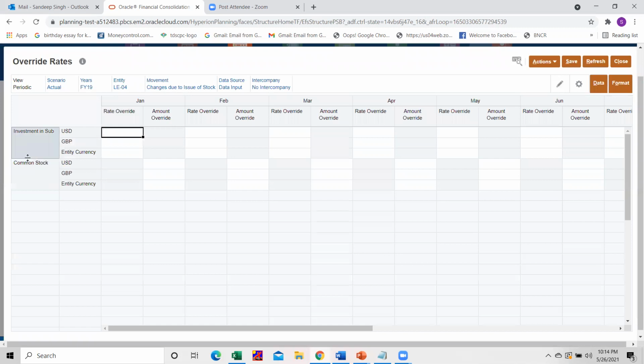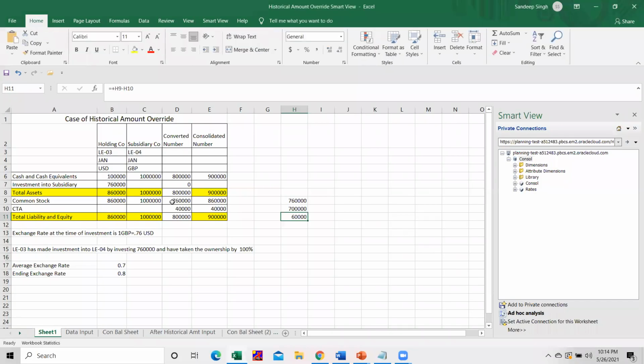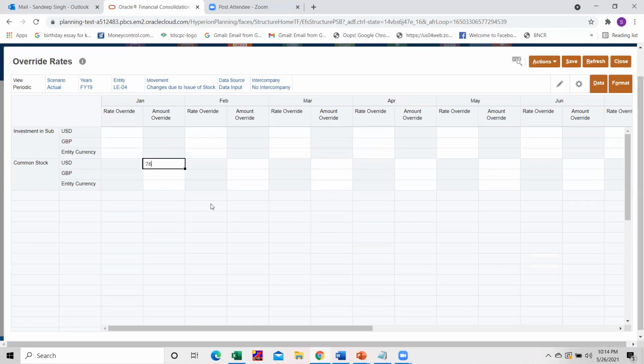I am inputting the number against common stock, and as per our example, the common stock number should be 7,60,000, which is the value of common stock at the time of acquisition. This number you need to enter here. Once you input your historical amount, you are required to save it.